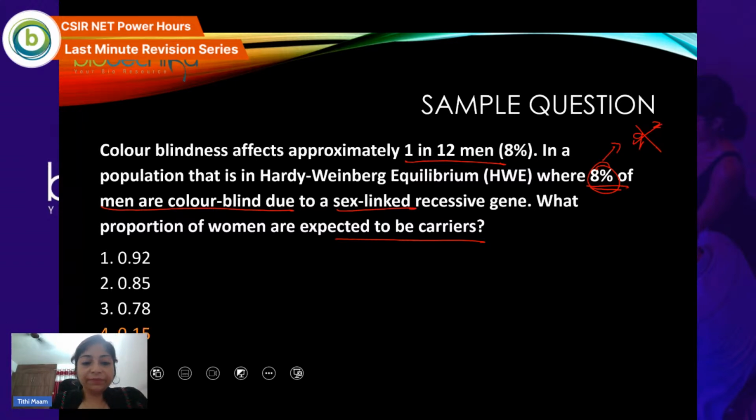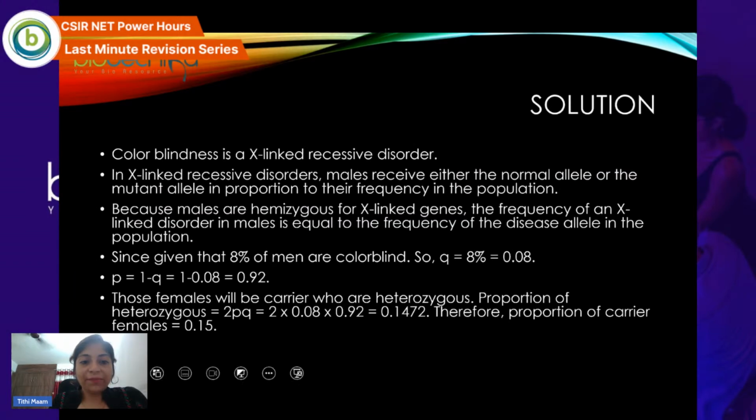I'll repeat. In X-linked recessive disorders, males receive either the normal allele or the mutant allele in the proportion of their allele frequencies in the population. Because males are hemizygous for X-linked genes, the frequency of an X-linked disorder in males is equal to the frequency of the disease allele in the population.